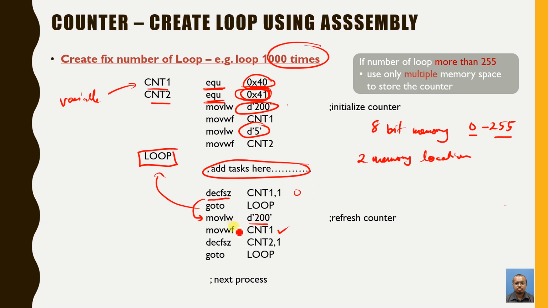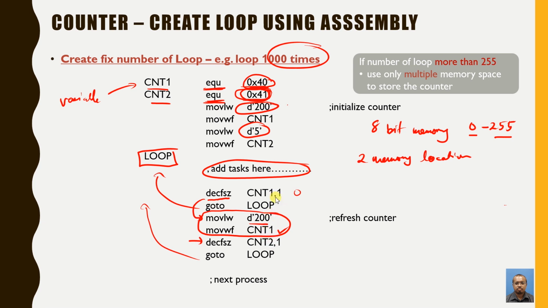So what you do is you update the counter. After that, decrement count 2 once, and if it's not 0, go back. So you have to do this all over again. You decrement from 200 until 0, and only after that you decrement count 2 once.